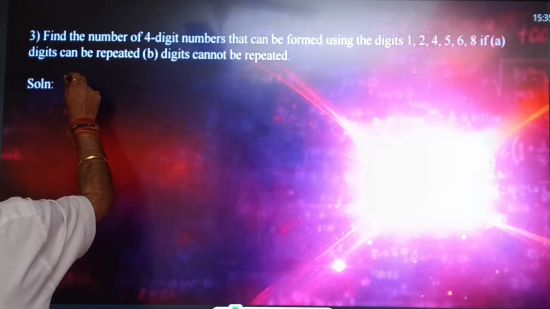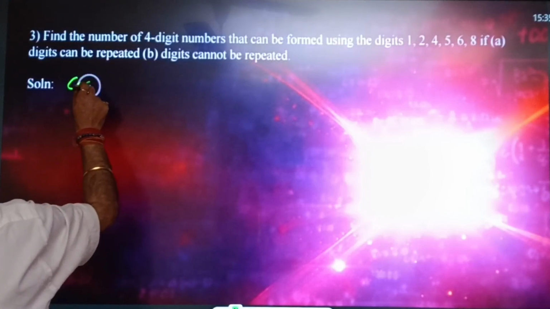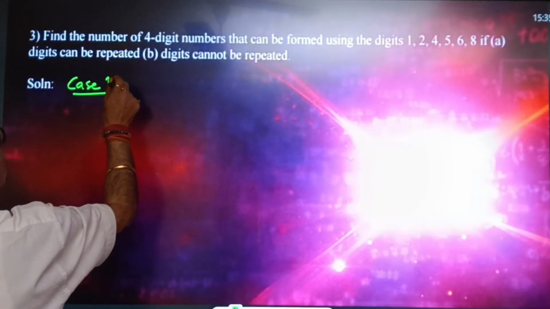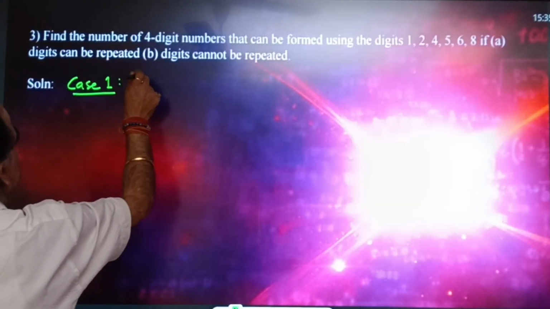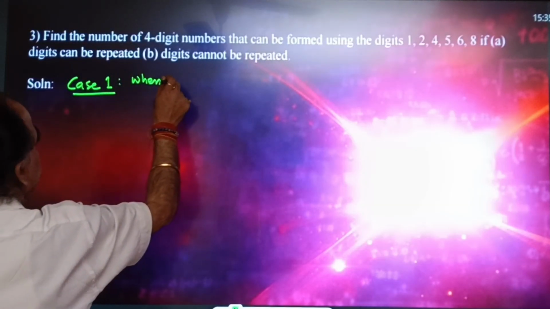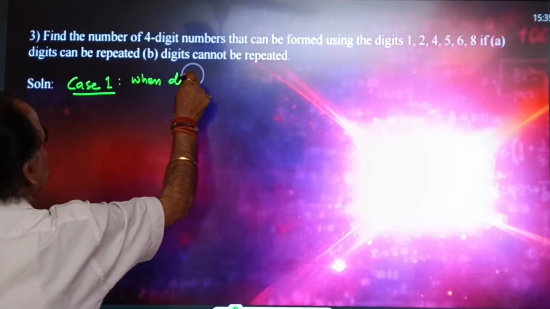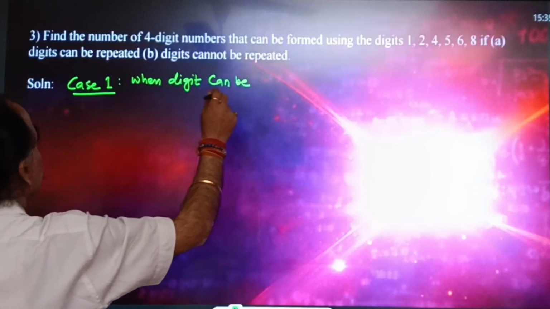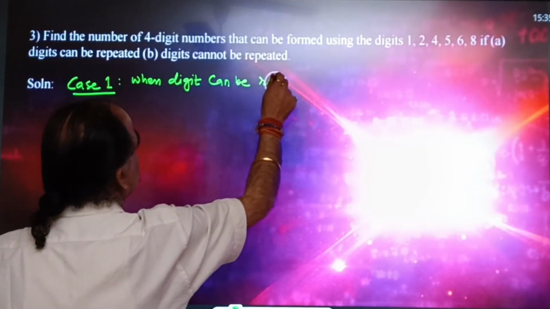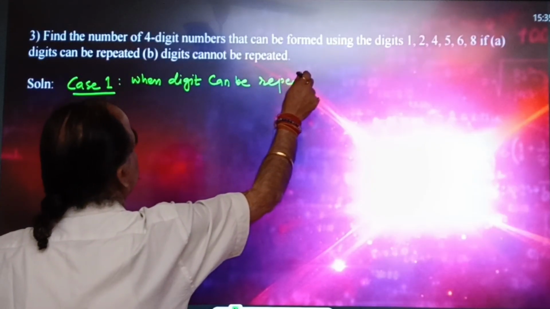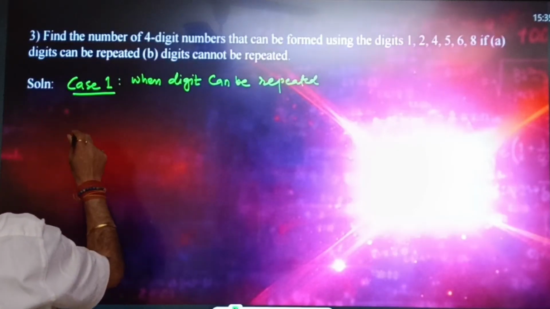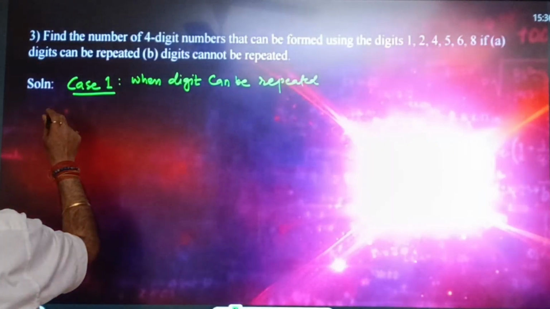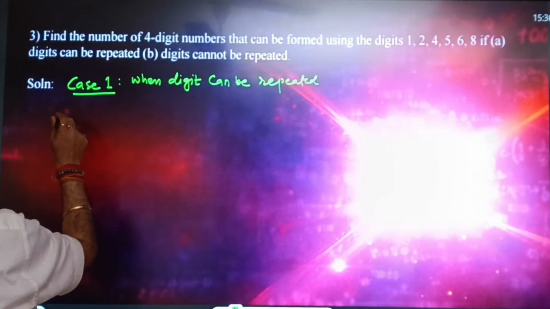Case 1: when digits can be repeated. Total 6 digits are there.